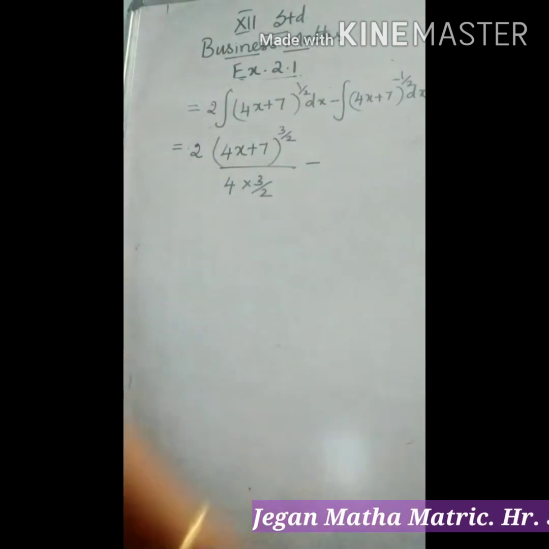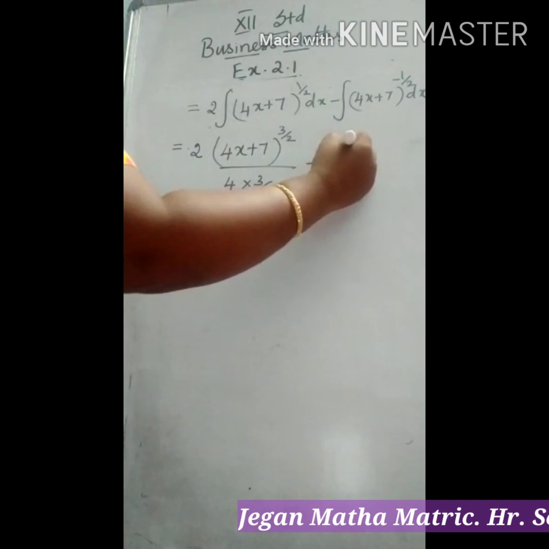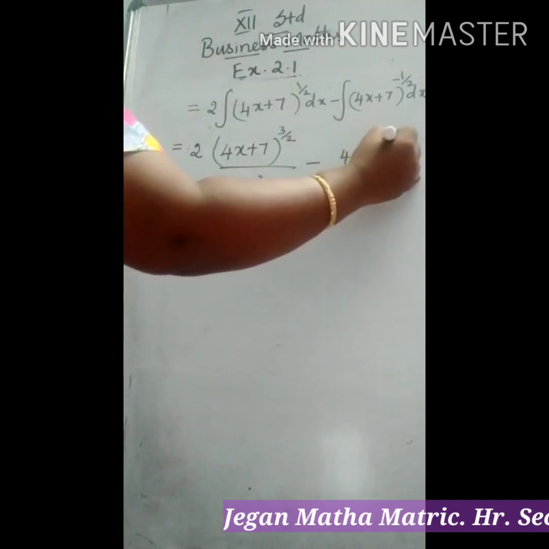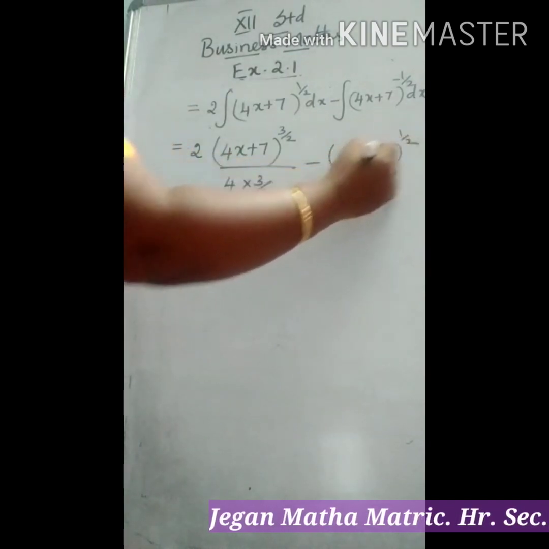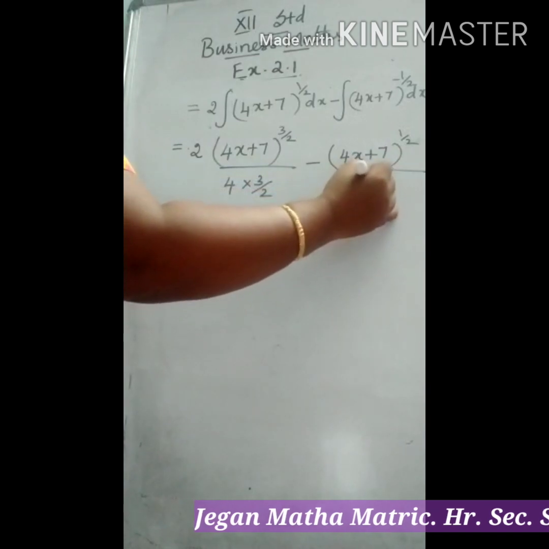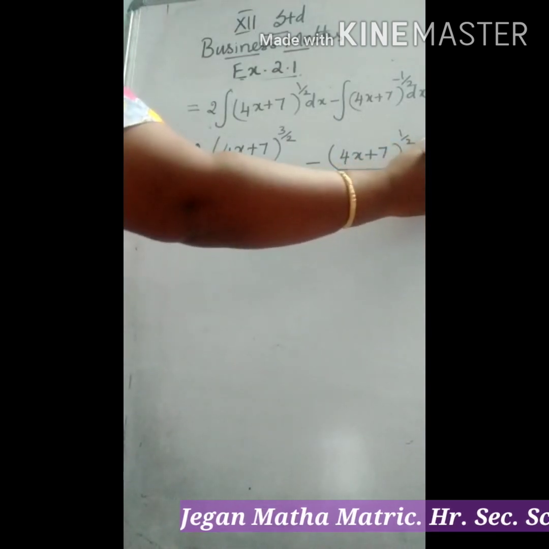So what do we do for this step? (4x plus 7) the whole power 1 by 2 divided by 4 into 1 by 2, plus c.